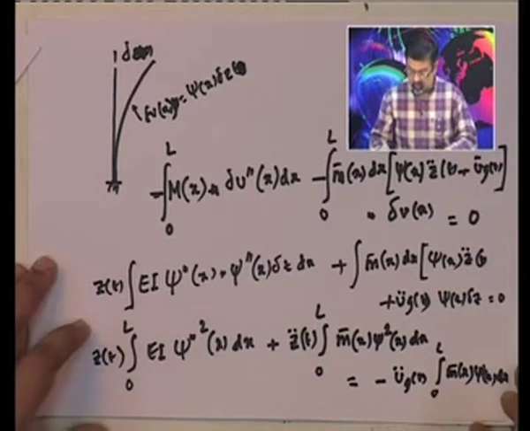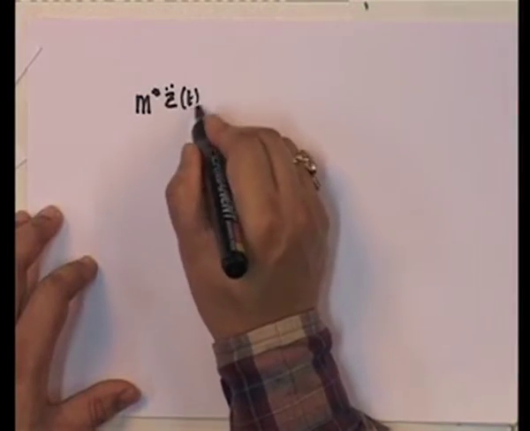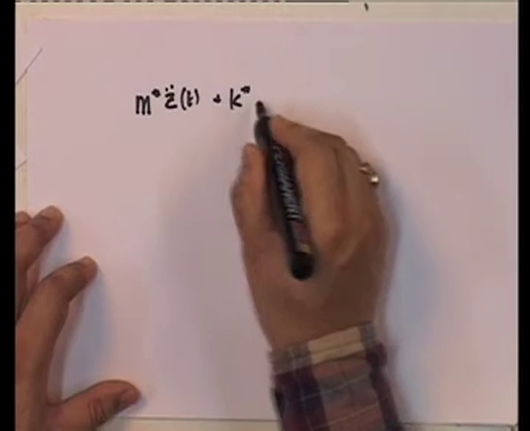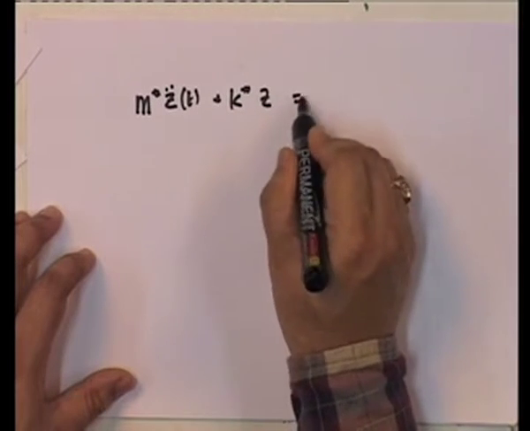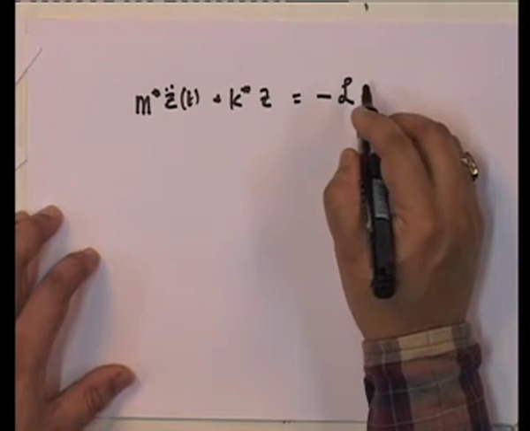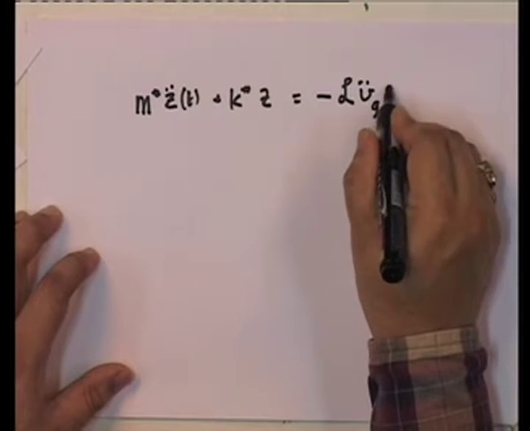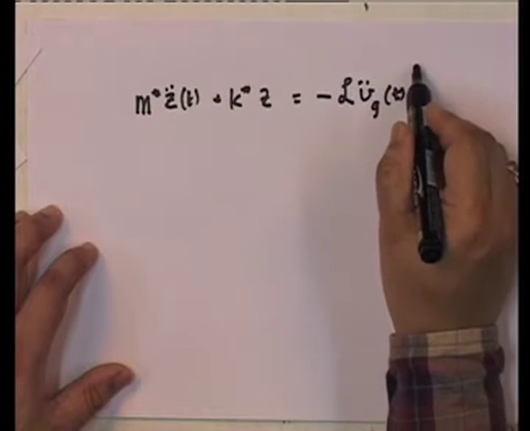So, this becomes the equation, and if I rewrite it, I am going to rewrite it in the following form: m star z double dot plus k star z is equal to minus L into Vg of t.